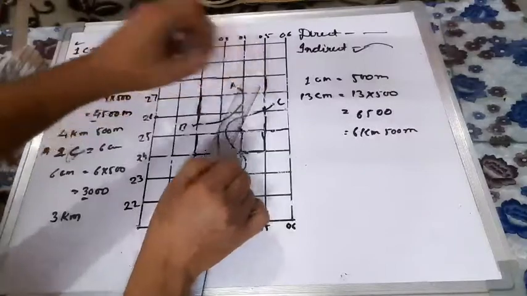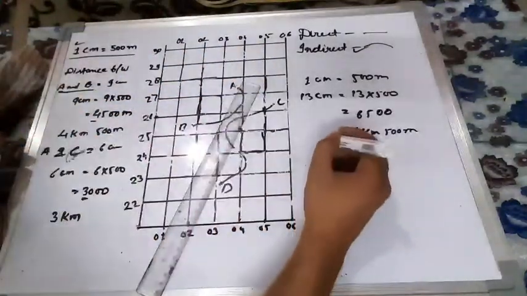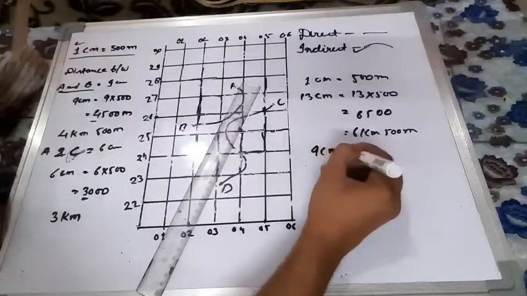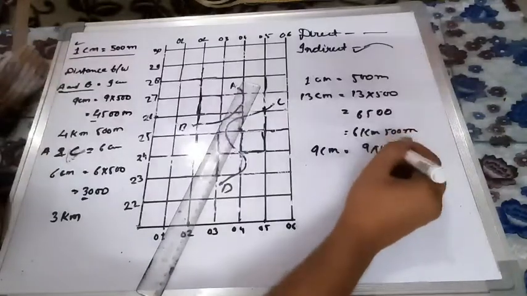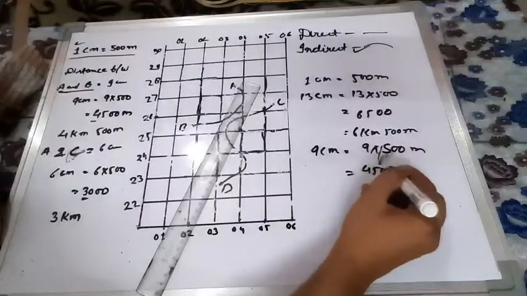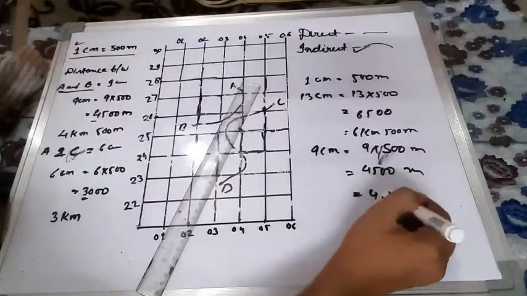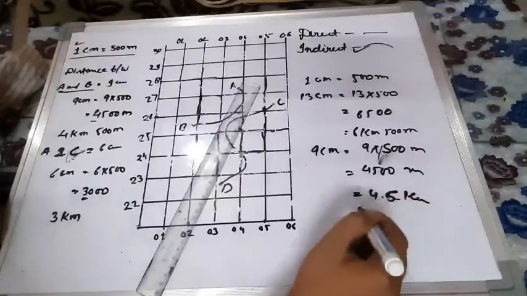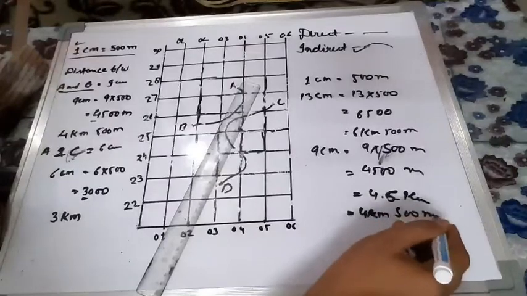Suppose that we are getting 9 centimeters, है ना. So we will convert 9 centimeters into kilometers. So 9 centimeter is equal to 9 into 500 meters. Okay, so 9 5s are 45, 2 0s, or we can say 4.5 kilometers, or 4 kilometer 500 meter.